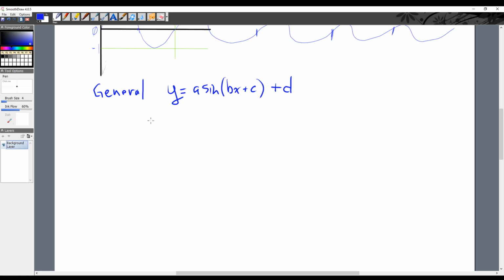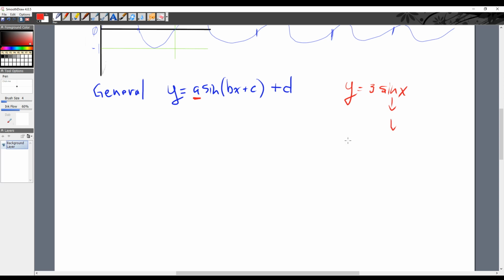So the first variable we're going to talk about here is the a variable. I'm going to write out a series of these, and if you take the time, you can play in Desmos and probably get a pretty good idea of what is going to go on. So try y equals 3 sine x, and the sine x is going to be the same for each of these.